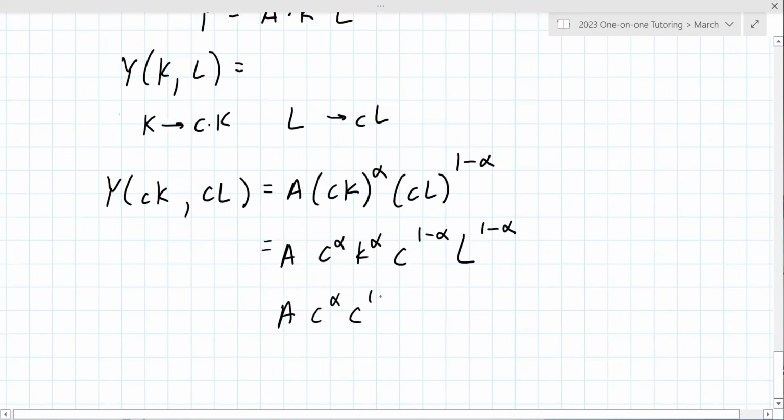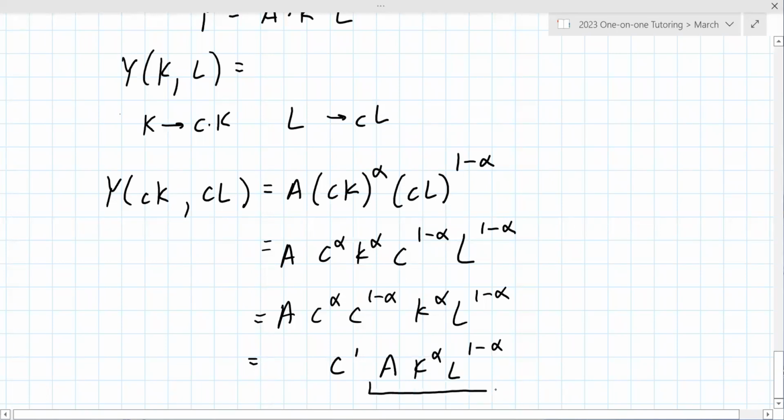You put the C's next to each other. The exponent rule is if the bases are the same, you can add the exponents. So this becomes C to the power of 1, and I'm going to put A here, so it's C to the power of 1, K alpha, L 1 minus alpha.